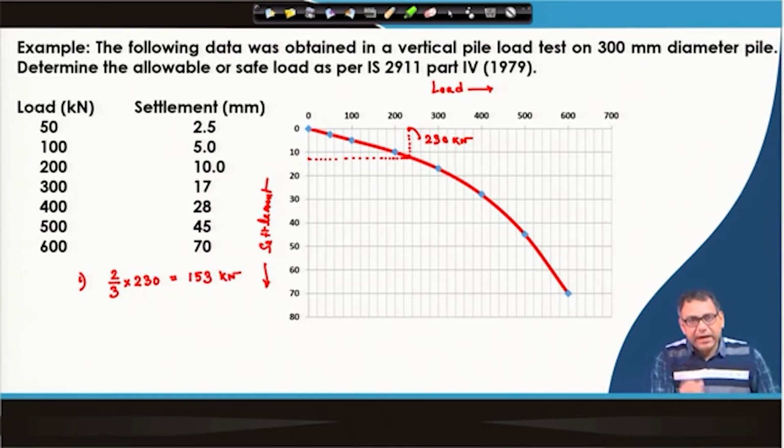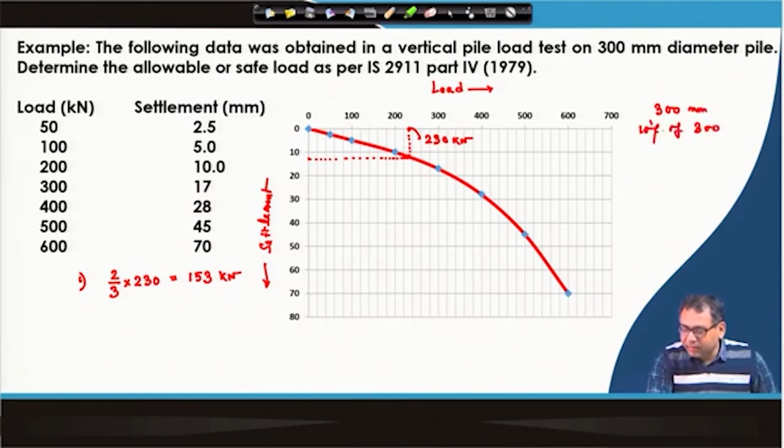Now, the second criterion is 10% of diameter, because it is a uniform pile. 10% of the diameter, where the diameter is 300 millimeter, means 30 millimeter. So, 30 millimeter is here, and the corresponding value is about 410.